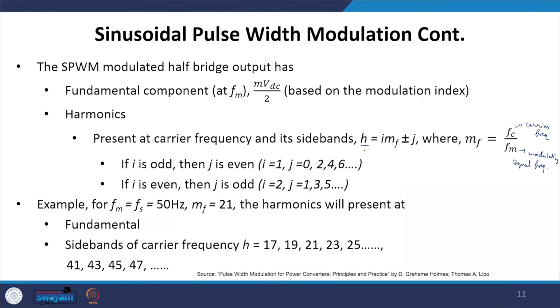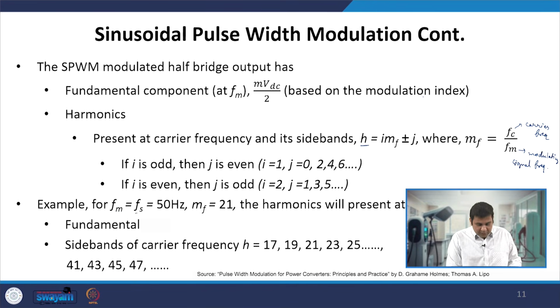So for example, if I take my modulating signal frequency equal to the line frequency, 50 hertz, and I take MF equal to 21, that means my carrier frequency FC is 21 times 50 hertz, which is around 1050 hertz.